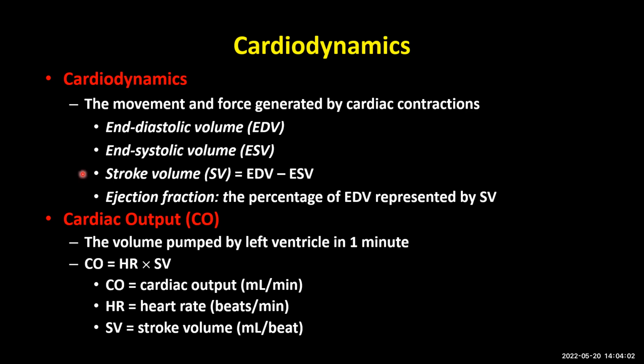The stroke volume is the amount of blood that is ejected in each contraction. So the formula is end-diastolic volume minus end-systolic volume.